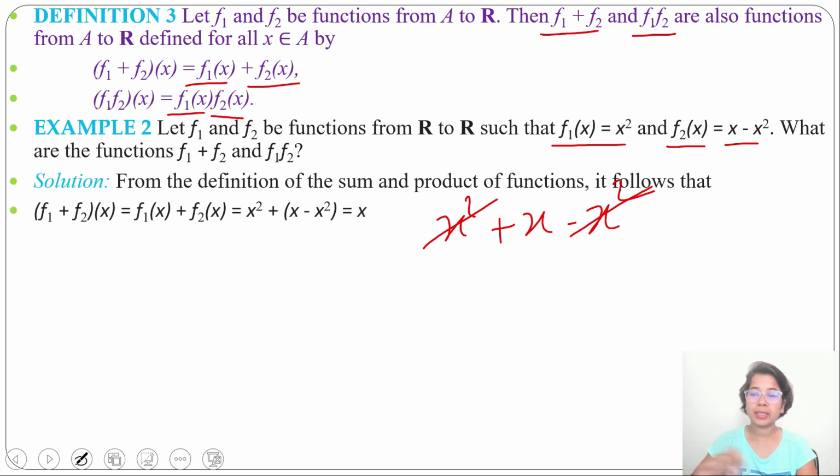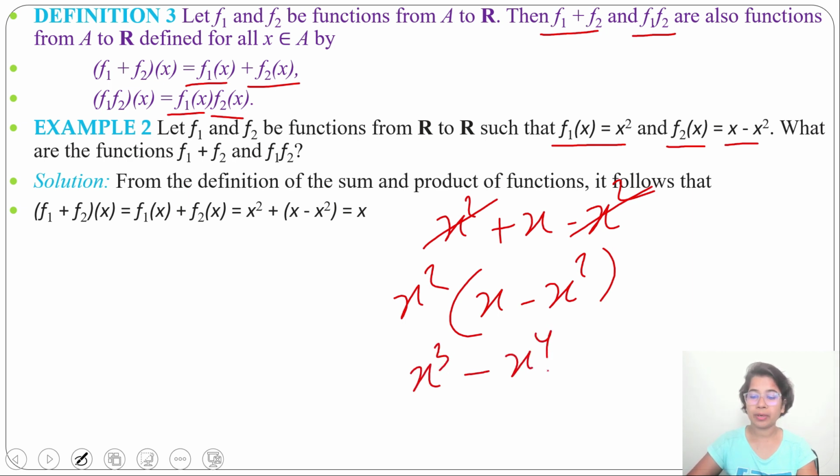Now f1 times f2: x squared multiplied by x minus x squared. x squared times x is x to the power 3, minus x to the power 4. So the multiplication will be x cubed minus x to the power 4.